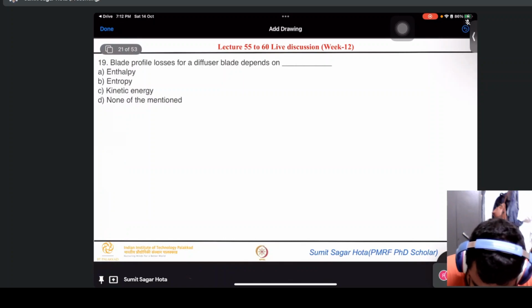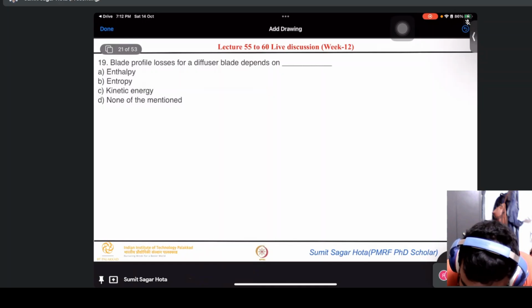The blade profile loss for a diffuser blade depends on what? Okay, there is a blade profile loss. Obviously that means there will be a flow involved. Okay, the flow is involved.